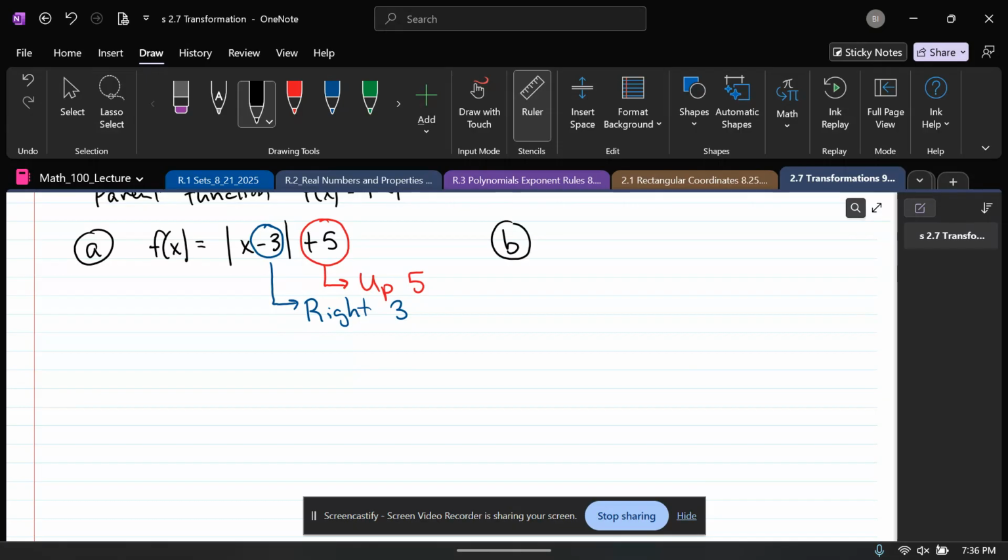Let's do another one. Same parent function, different transformations. 3 absolute value of x plus 1 minus 4. So this one has 3 transformations done to it. So let's get the ones that we already know about or we kind of did in example A. What's the minus 4 on the outside do? That's a down 4.